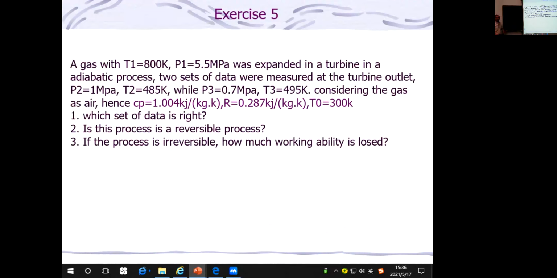Yes? And then we suppose, okay, if T2 and P2 is right, if this set of data is right, then we can try to calculate delta SG. Delta SG is minus, like this one, okay?